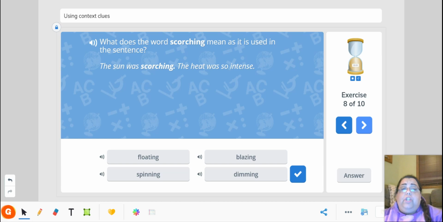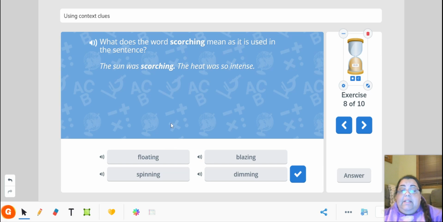Let's do the next question. What does the word scorching mean as it is used in the sentence? The sun was scorching. The heat was so intense. Let's give it a 15-second think. Now, what do we already know about the sun? We know that the sun is hot. It says the heat was intense.